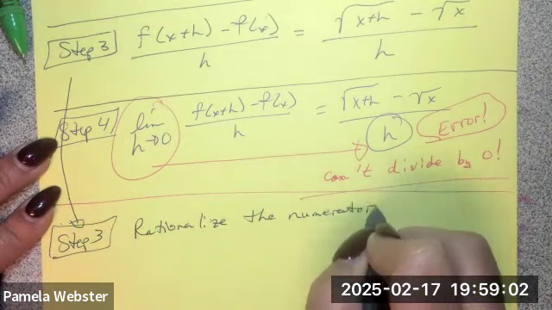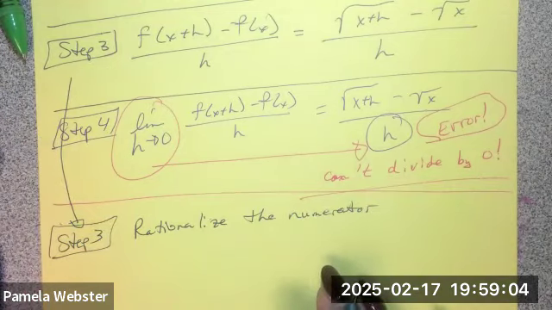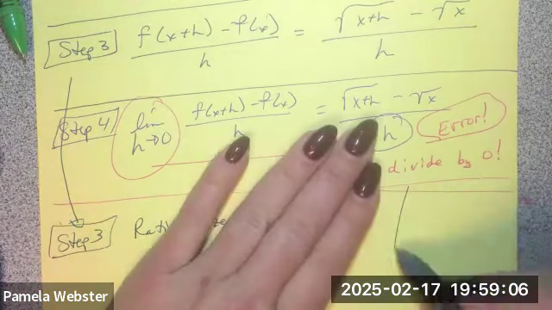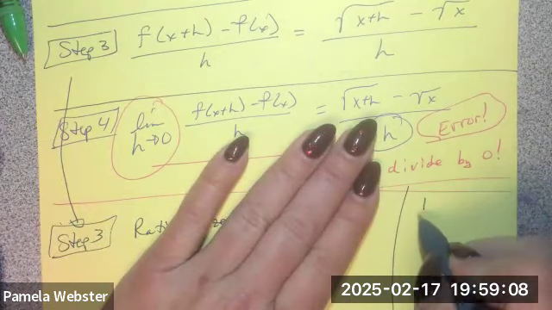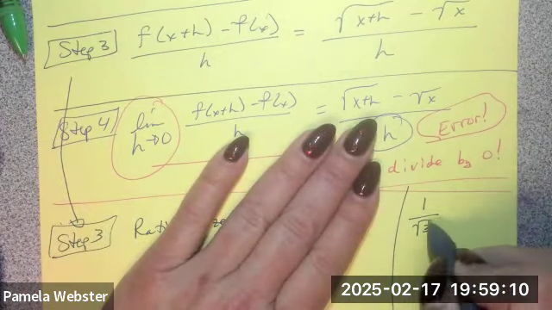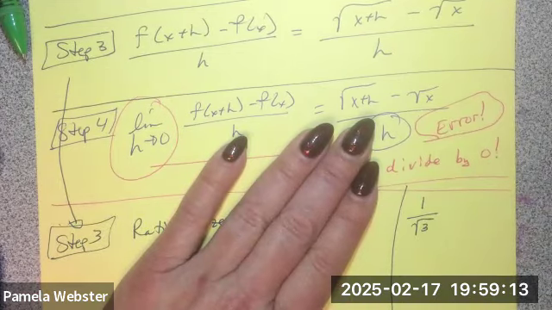You might have seen this before, so let me give you a little scratch work off to the side here. If you had something like 1 divided by the square root of 3, we know that mathy wise, we're not supposed to leave a square root in the denominator.